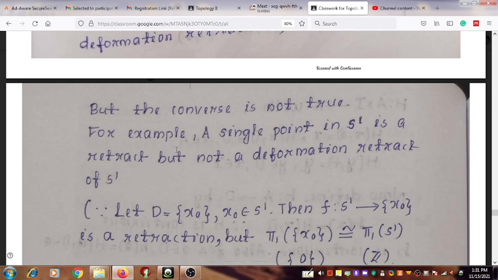Why? For example, a single point in S1 is a retract. We can show that it is a retract, but it is not a deformation retract of S1.